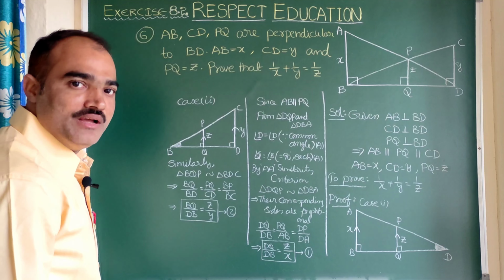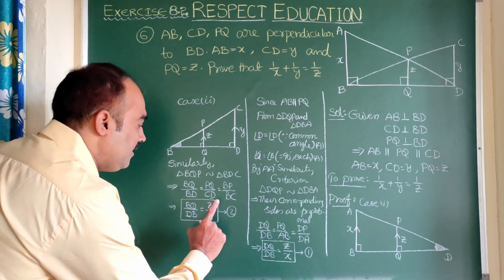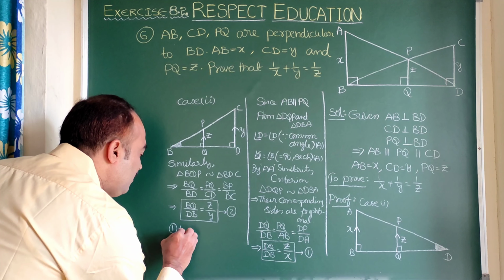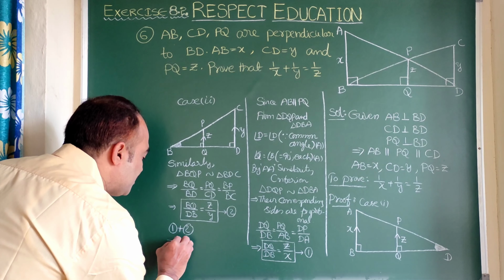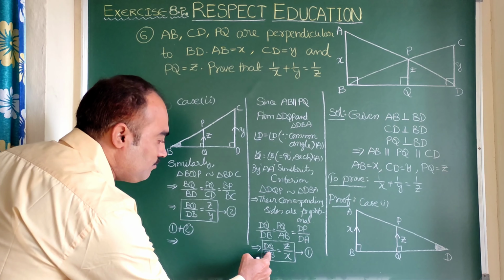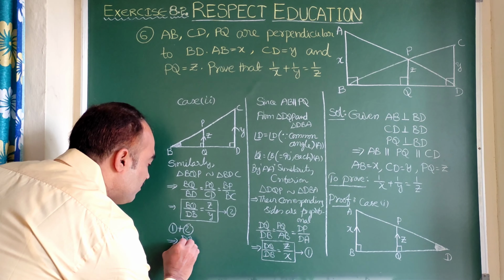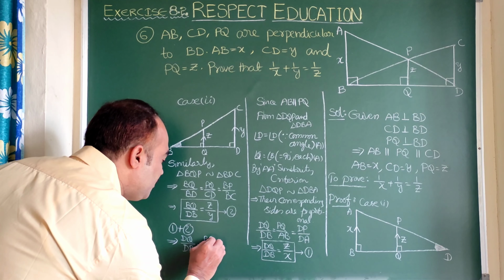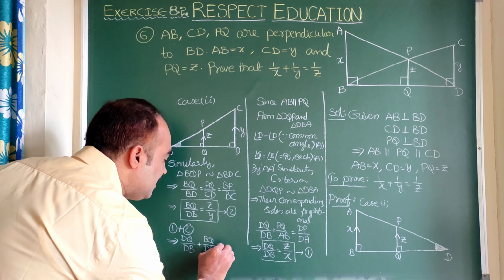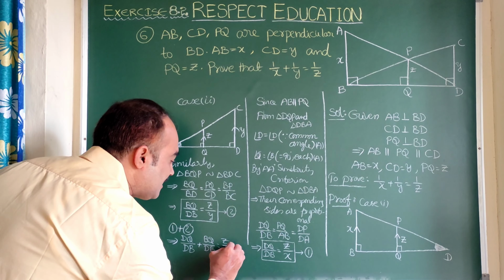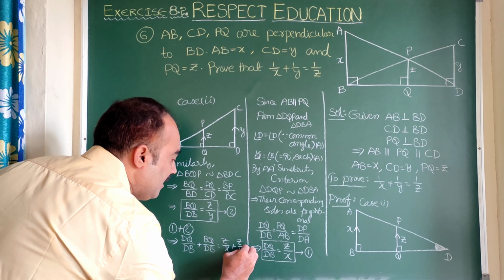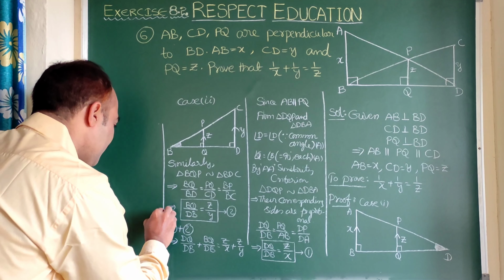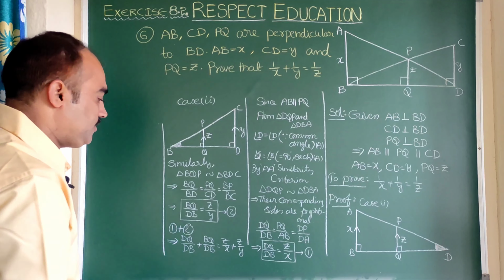Equation number 2. Now here I would like to add 1 and 2. Now here I am doing equation 1 plus equation 2, so LHS part of 1 is DQ by DB plus, in this LHS part, BQ by DB is equal to, in this RHS, Z by X plus in this RHS, Z by Y. Now observe here denominator, DB, DB both are equal.